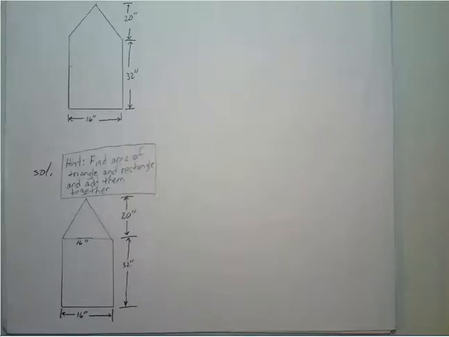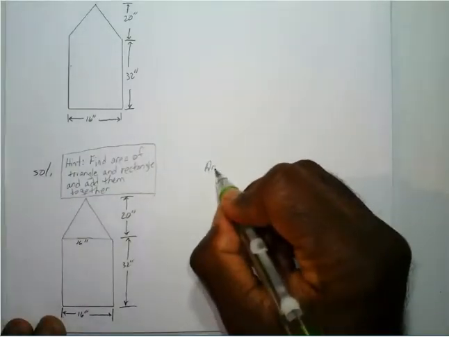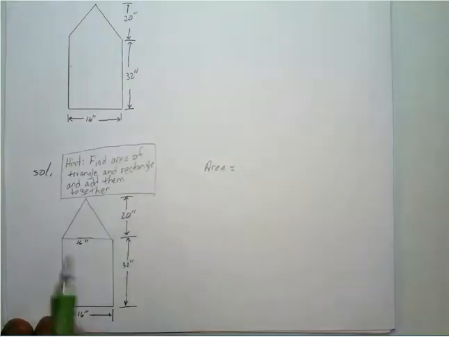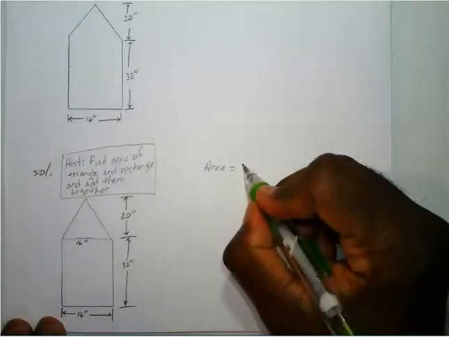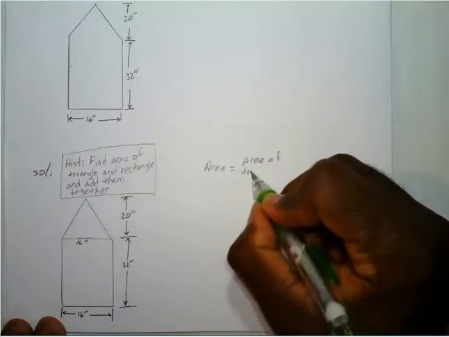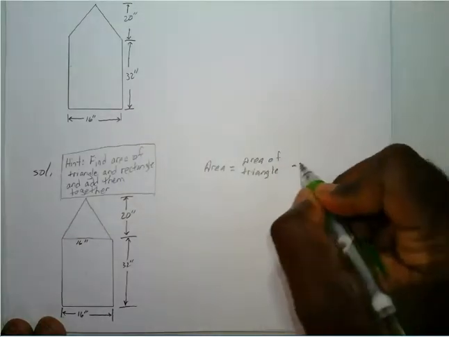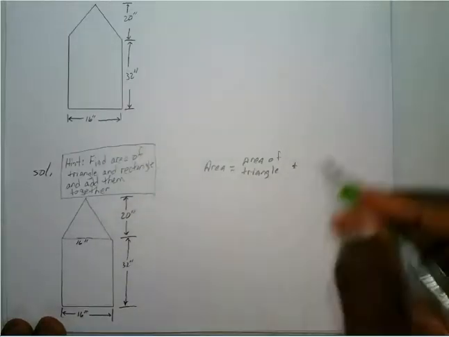All right, I'm assuming you've pressed pause. You've worked this one out. So let's go ahead and verify your answer. Okay, so we want to find the area of this shape here. So what we're going to do is we're going to take the total area, which is going to equal the area of this triangle plus the area of the rectangle.